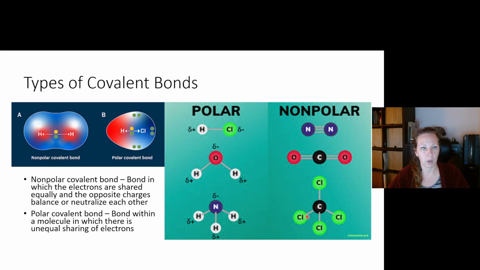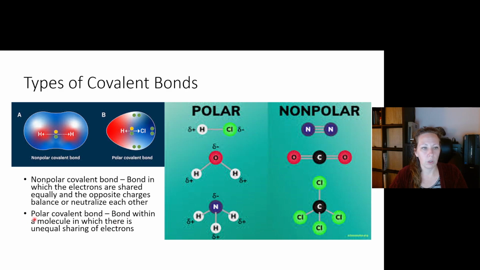We have nonpolar and polar. Okay, so in a nonpolar covalent bond, the electrons are shared equally between the atoms. So this one, it's two hydrogen atoms here, and the electrons are shared fully equally, and the charges are balanced. Okay.